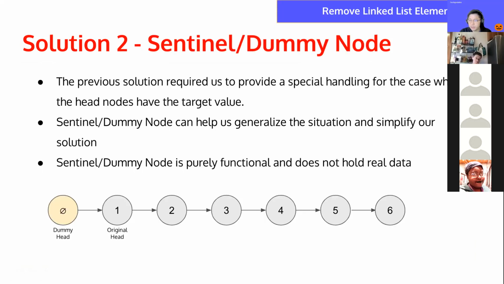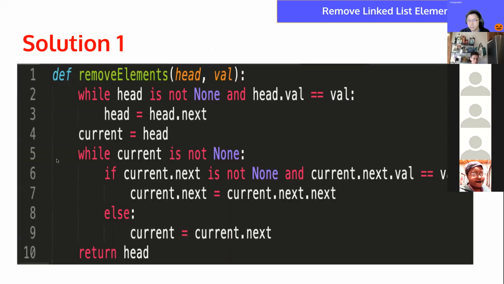But what a dummy node or sentinel node can do is help us generalize the situation and say, what if we can just use a generic solution? The generic solution I'm referencing is basically the rest of the solution here, generalized to also handle the case that's being handled by the first 2 lines.